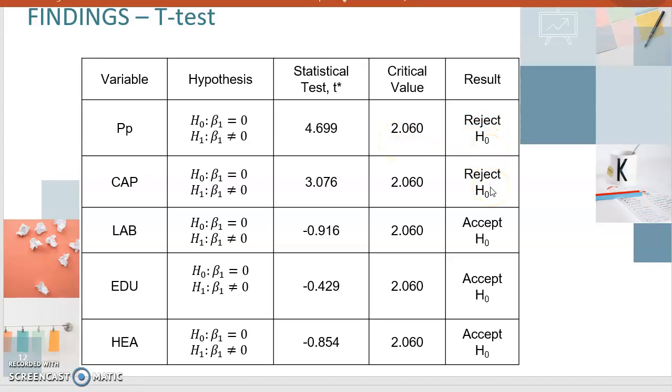When we reject H null, it means that population and also capital formation are important factors affecting real GDP. Whereas these three variables here, labor, education expenditure, and also health expenditure, are not important factors that contribute to the real GDP.